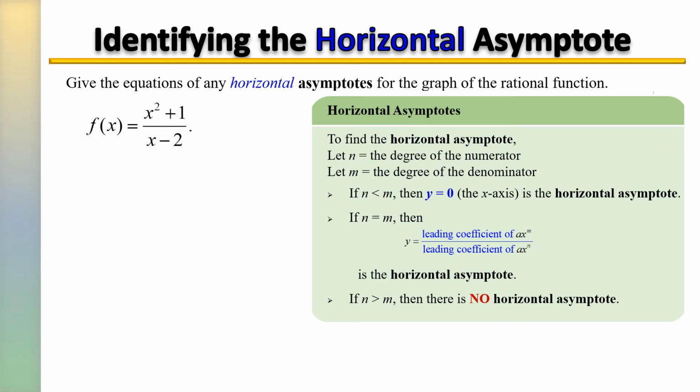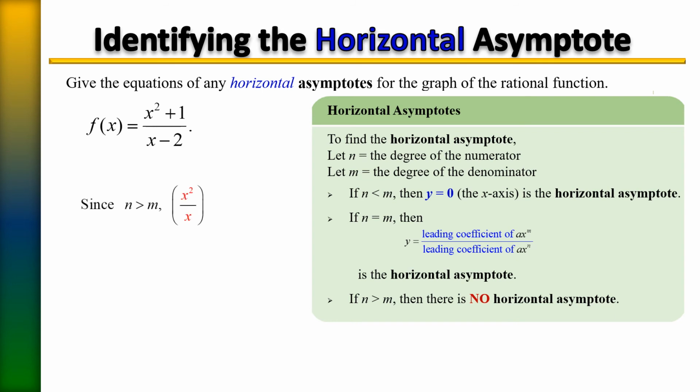In this example, we're asked to give the equation of any horizontal asymptotes for the graph of the rational function given. So let's take a look at our degrees. Out of all the degrees in the numerator, the highest degree is a degree of 2. And out of all the degrees of the denominator, the highest degree is a 1.